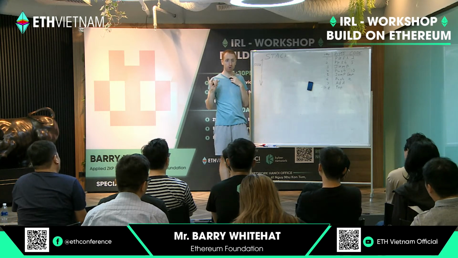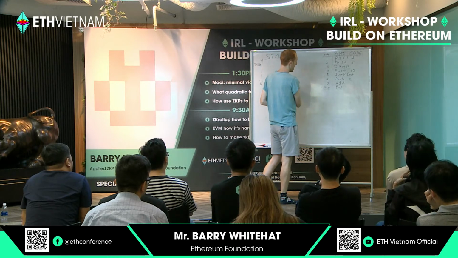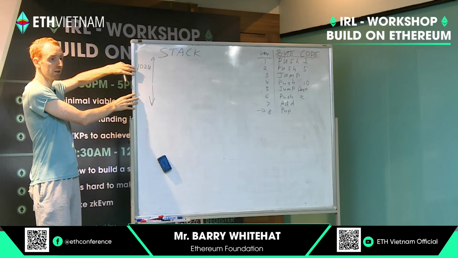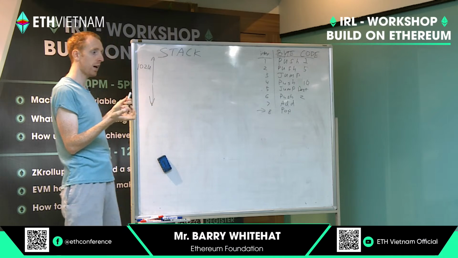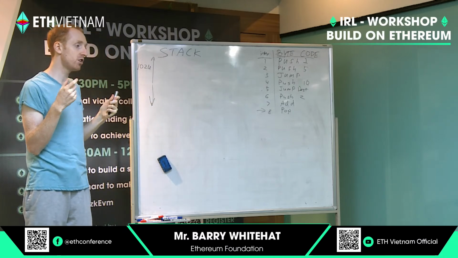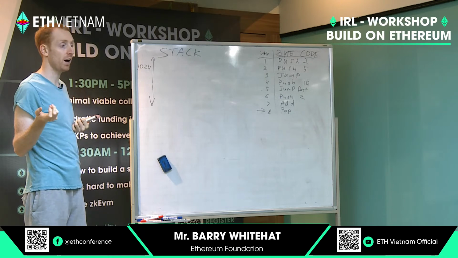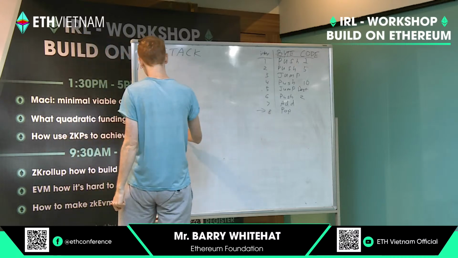Let me introduce the other 2 tricky things. The stack is like temporary memory, and it's really short. It's like the L1 cache on your CPU. It's really small, and it's really cheap to access. It's really quick, but it's small, and you can't really do a lot of bigger calculations. So we have this memory.